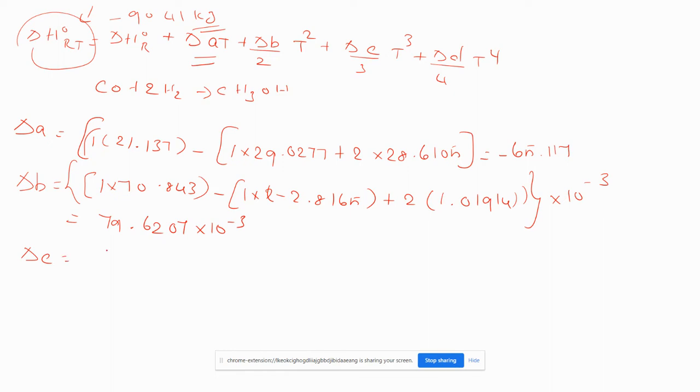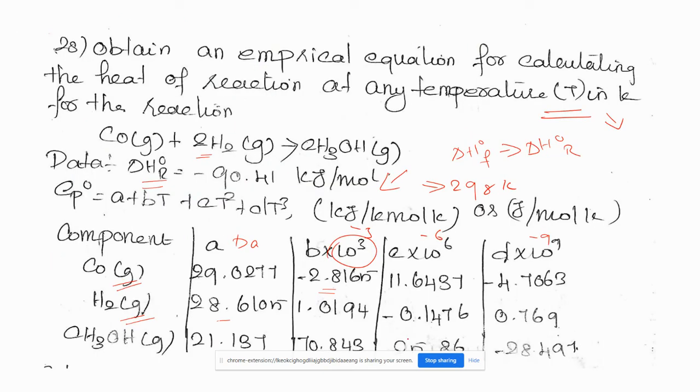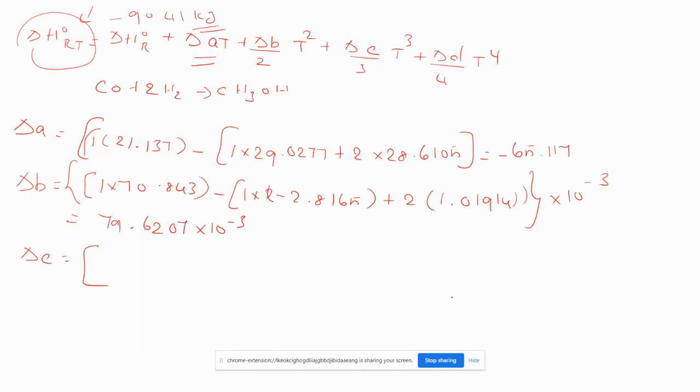And the next is del C. Same way del C we have to find. It is 1 into 25.86 minus 1 into 11.6437 plus 2 into minus 0.1476.